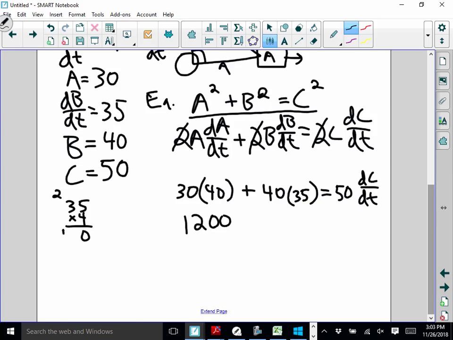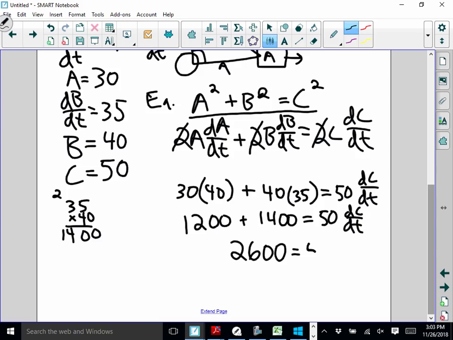So I got 1200 plus 1400 equals 50 dC/dt. 1200 plus 1400 is 2600. And then I just have to divide by 50 on both sides. I'm going to cross out those zeros.